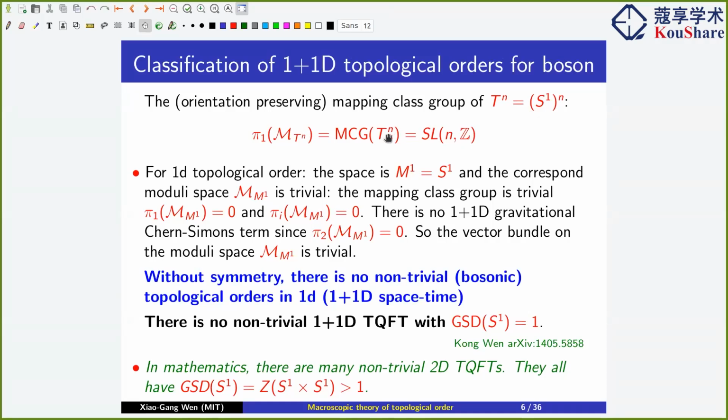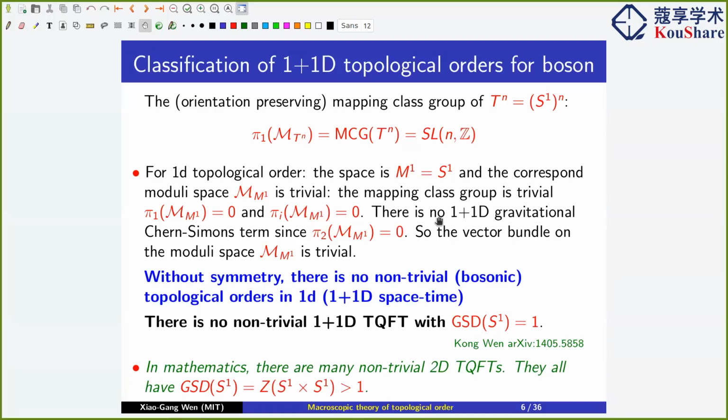However, if our space is a torus, it's easier. If the space is a torus, the pi one of the moduli space is always SL(n,Z), where n is the spatial dimension. It's easy. When n equals 1, that's 1 plus 1 dimension. In 1 plus 1 dimension, SL(1,Z) is a trivial group. This relates to the fact that in 1 plus 1 dimension, there's no topological order.